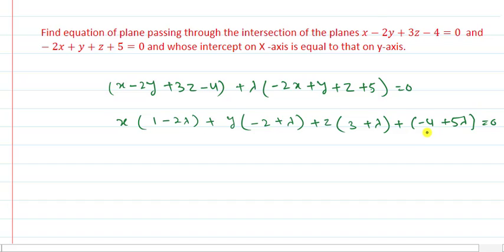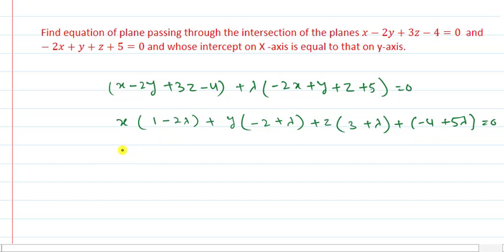Now to find the intercept we need to change it into intercept form, which is x upon a plus y upon b plus z upon c is equal to 1. So to take 1 to the right hand side we need to divide the whole equation by minus 5 lambda plus 4.